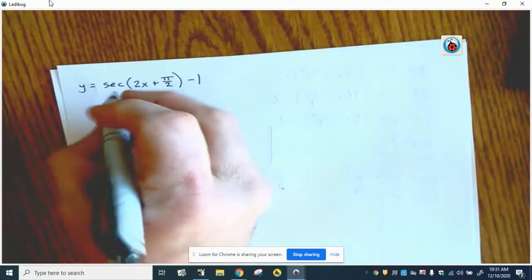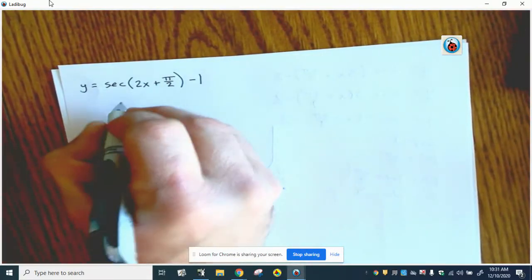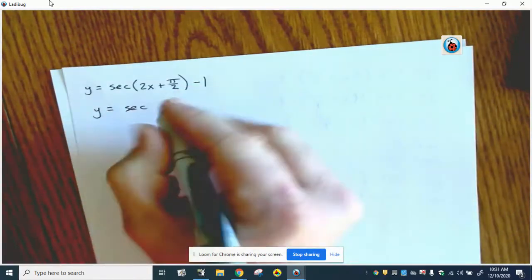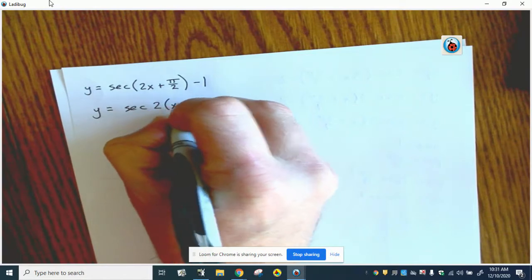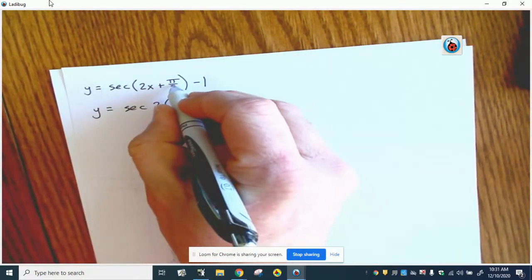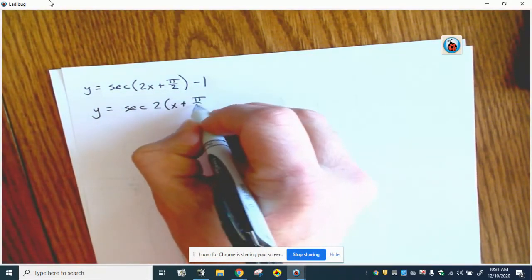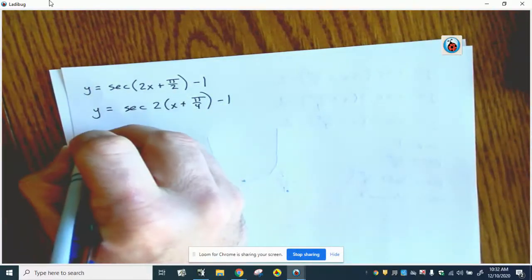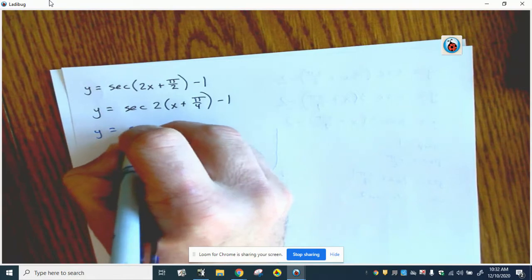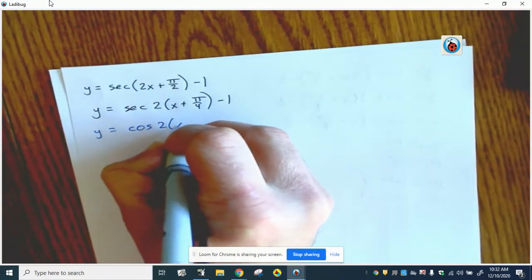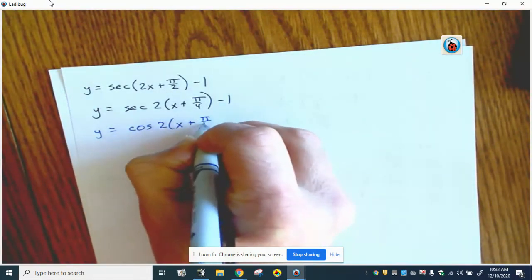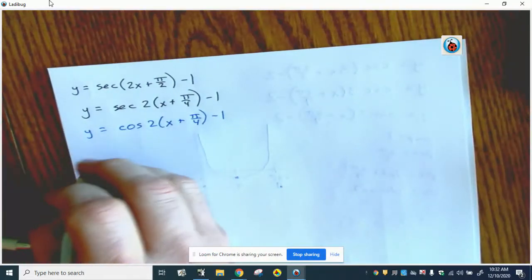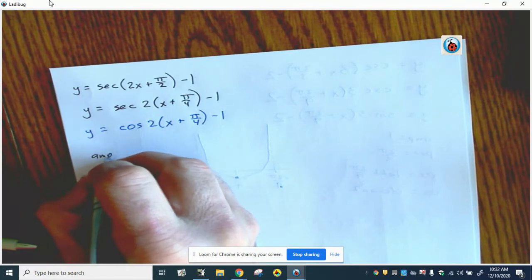Again, step 1, got to pull that 2 out of there. So this, I'm going to graph secant of 2x plus, if I divide this by 2, I get pi over 4. So I'm going to graph the same version, but just the reciprocal version, which would be cosine in this case. Got to find my important characteristics, which means my amplitude.